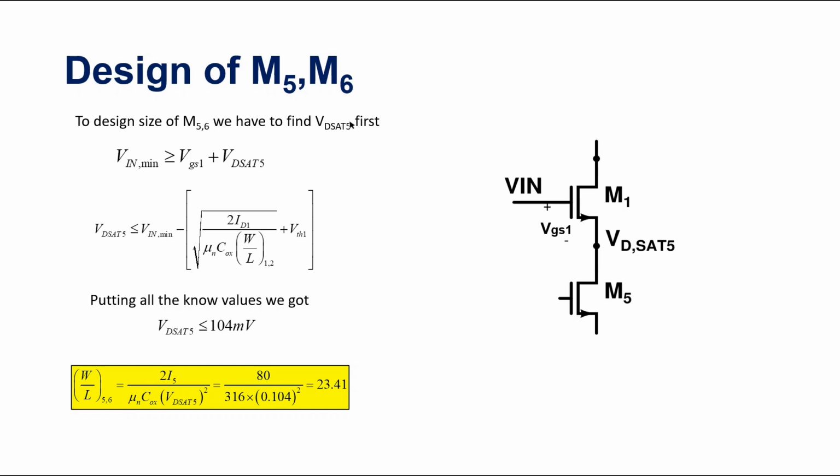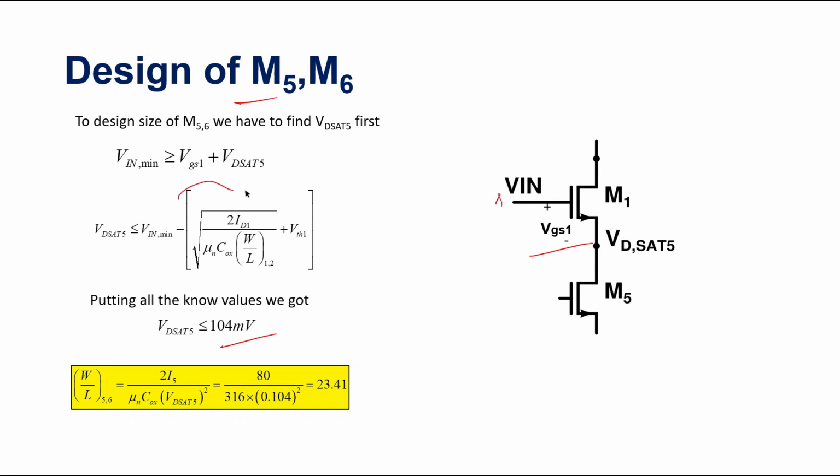Next is the design of M5 and M6. Using this relationship, we have to find VDSAT of 5 for finding the aspect ratio of M5 and M6. As you know, we have to keep Vin, that is the common mode bias voltage, minimum voltage, greater than or equal to the summation of VGS1 and VDSAT of 5.